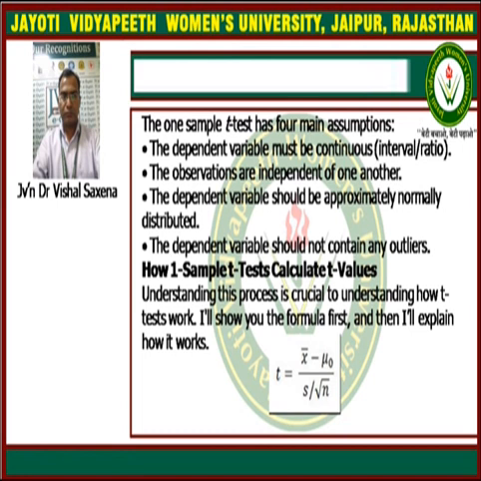Third, the dependent variable should be approximately normally distributed. It is a very important point that the distribution of the dependent variable should be normal. And the last assumption is that the dependent variable should not contain any outliers.